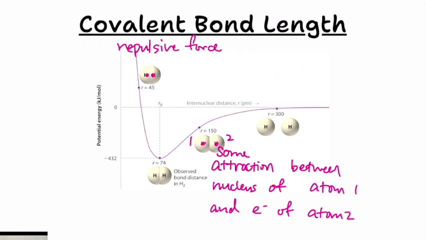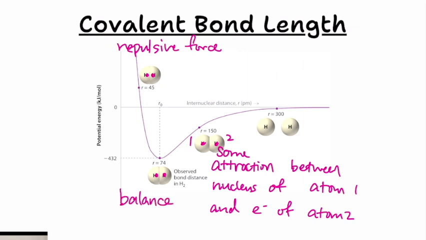Because there is still some attraction going on, they're going to pull each other closer. So at a certain point, the nuclei are close to each other, and the attraction between the nucleus and electrons and the repulsive force between two nuclei balance out.